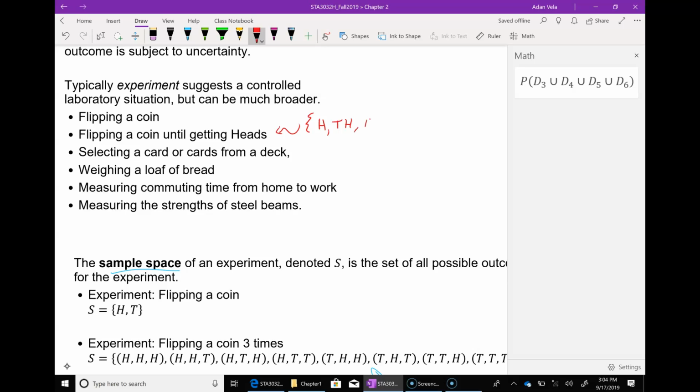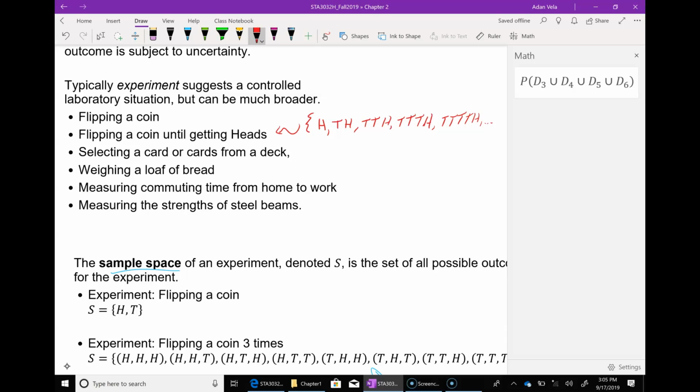Or you could flip tail, tail, heads, or tail, tail, tail, heads, or tail, tail, tail, tail, heads, and so on. You could throw 1 million tails and then get a heads. Granted, that event is extremely rare, but it's still part of the sample space. So there's nothing that says our sample space can't be infinitely large.